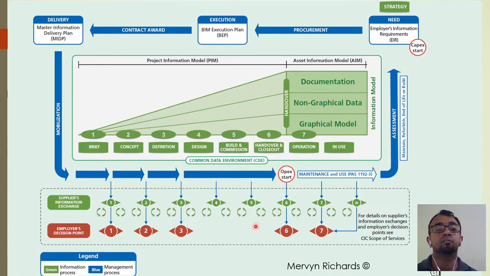You go forward until it is handed over. So changes can occur, the client can give some variation instructions, all these things can happen, but this is not a critical checkpoint. There are no critical checkpoints as per the recommended information management cycle. However, there are checkpoints for supply information exchange, and you verify this information and go to the next point.